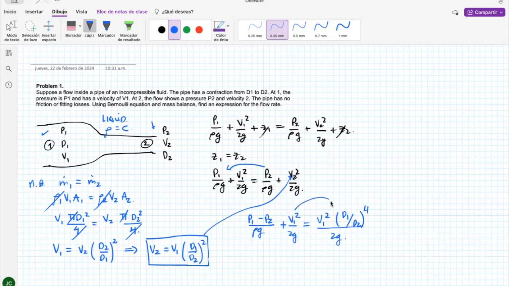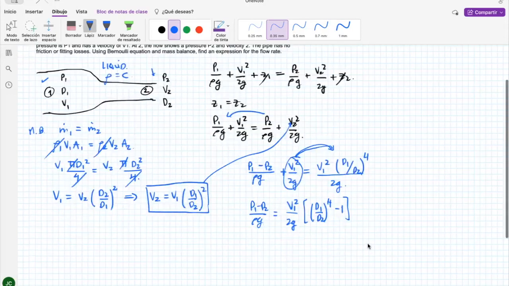Now I'm going to pass this over here, and you can see that I can factorize that expression. This one is going to be equal to V1 squared divided by 2g, times D1 divided by D2 to the fourth minus 1, because this term over here is multiplied by 1, and it passes with a minus sign, so that's why I have that there.